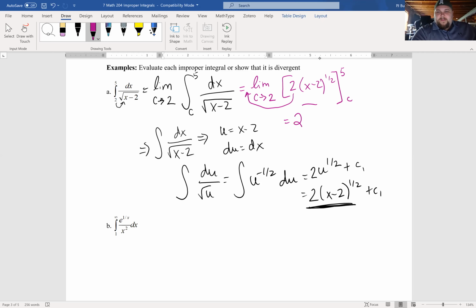So it's 2 times, plug in 5, so 5 minus 2 to the 1/2, minus plugging in the lower bound. In this case, we need the limit as c approaches 2 of c minus 2 to the 1/2.